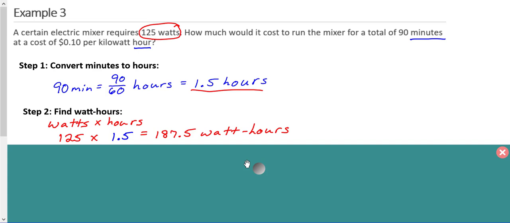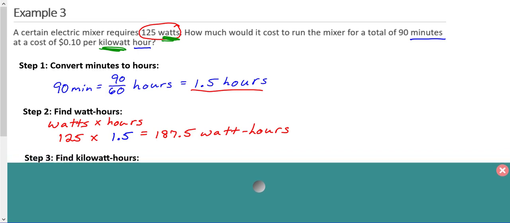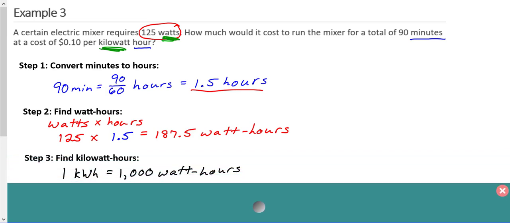The next thing we need to look at is that this is in watts and it's being charged on kilowatts. If you remember from previous math classes, 1 kilowatt is equal to 1,000 watt hours.